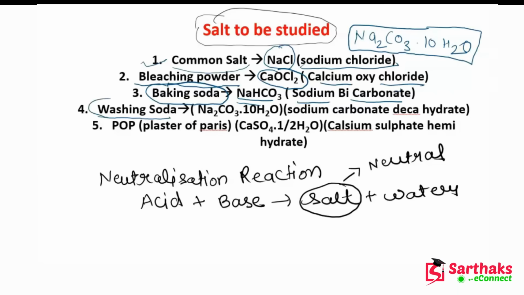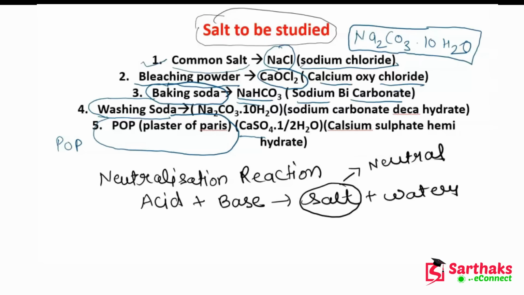Okay, now guys, let's talk about a very important salt, and that is plaster of Paris. In short, we call it POP. Now what is the formula of this POP? The formula is calcium sulfate hemihydrate.